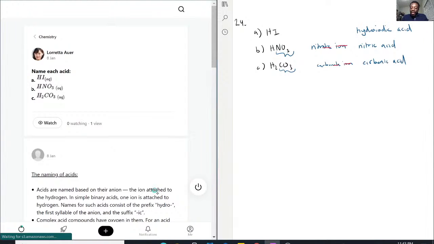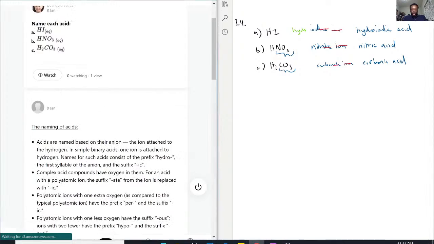When you have an iodine ion, same thing, you drop that ending, but because it's not an ate or an ite or any of those, you now have to designate a hydro in front of it. Hence how we got hydroiodic acid. Those would be the names for each acid.